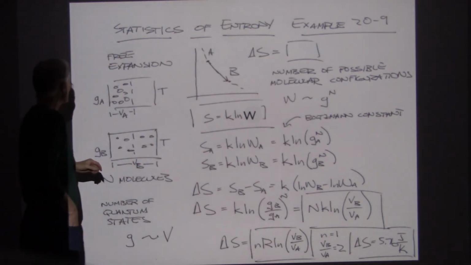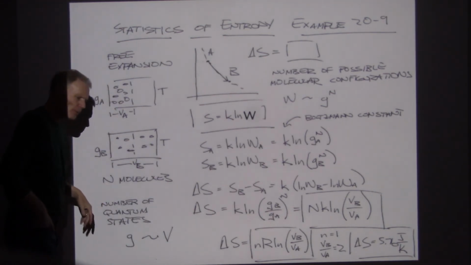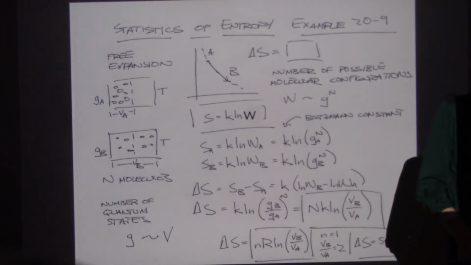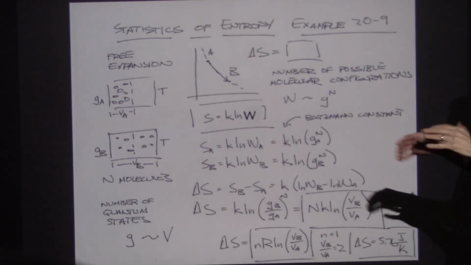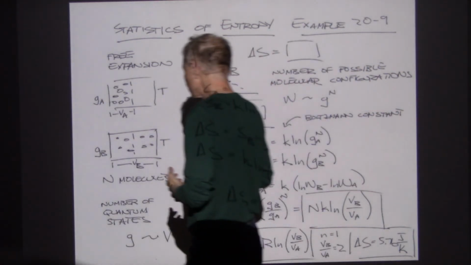And so what happens to these gas molecules is that there are actually different quantum states available. Now we'll see more of this in Physics 4C, but these gas molecules are actually in what we call quantum states.